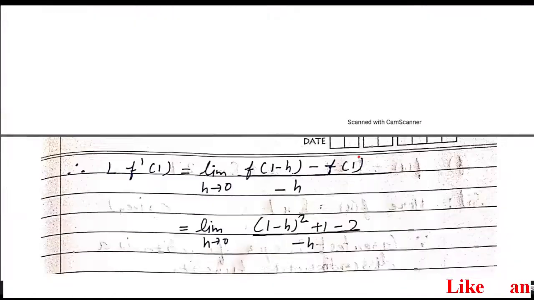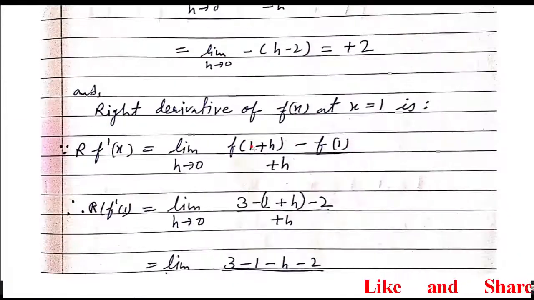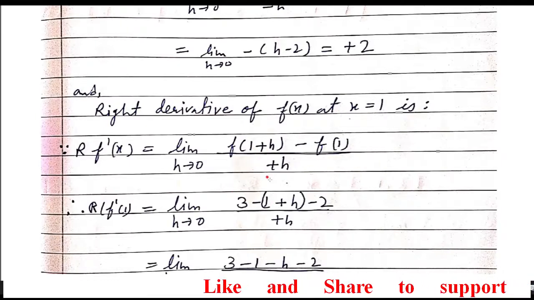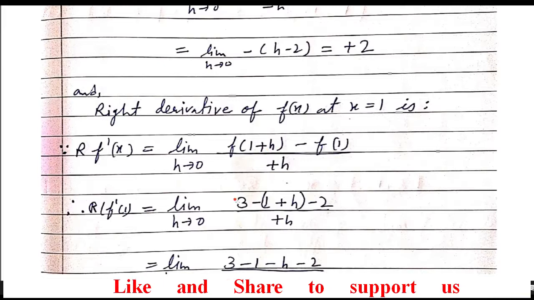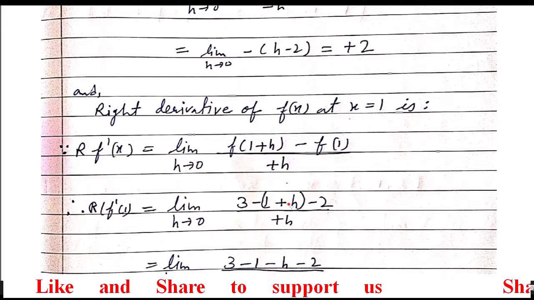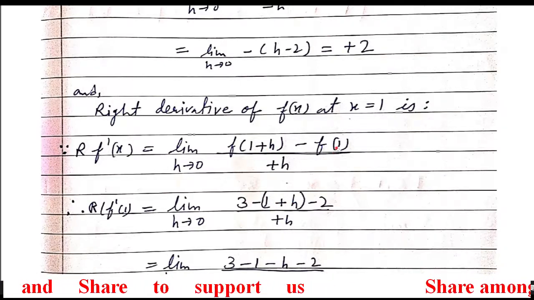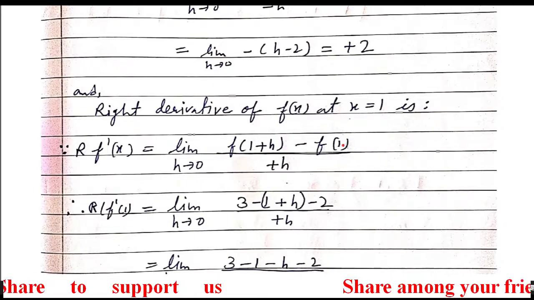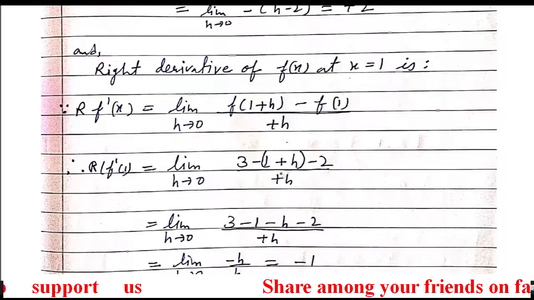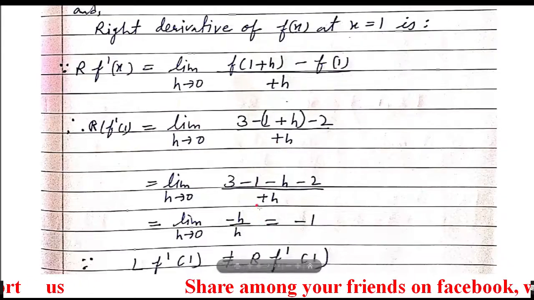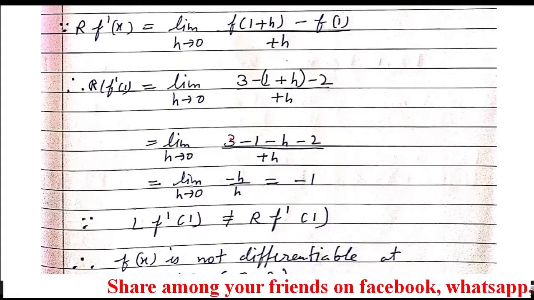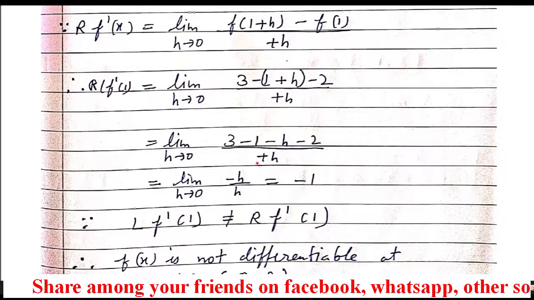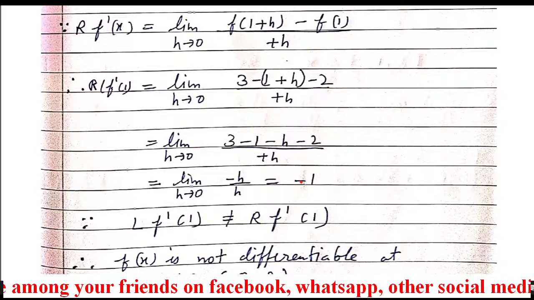So here x is 1 plus h, giving 3 minus (1 plus h). Now f(1), which I already described before, is 2. Now simplify it and open the bracket. You can see 3 and this minus 3 will cancel. You remain with minus h upon h, that is minus 1.